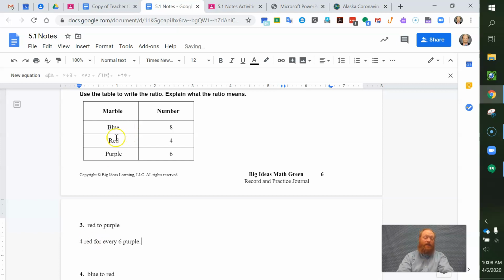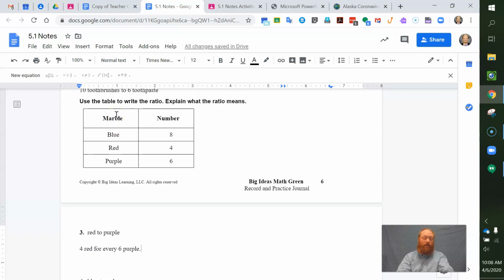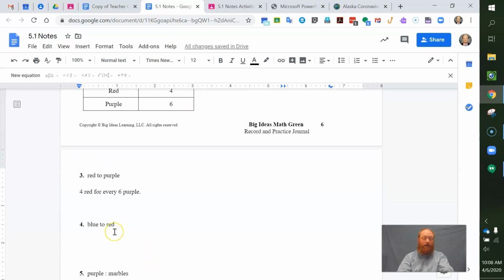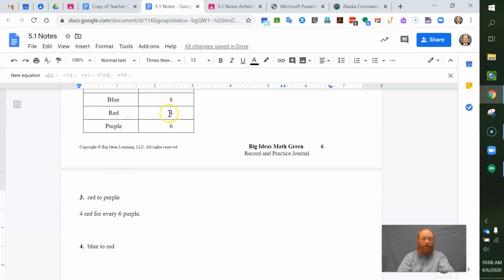What this means is that in our jar of marbles, for every 4 reds that we have, 6 purple. Red to blue. 4 red, 8 blue. For every 8 blue marbles, we have 4 red.